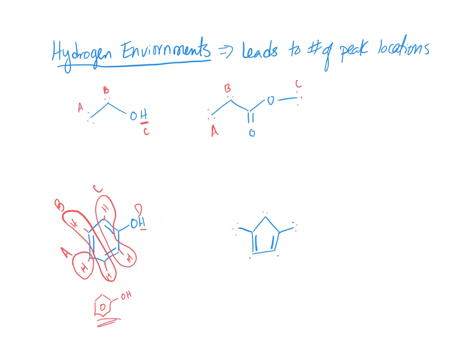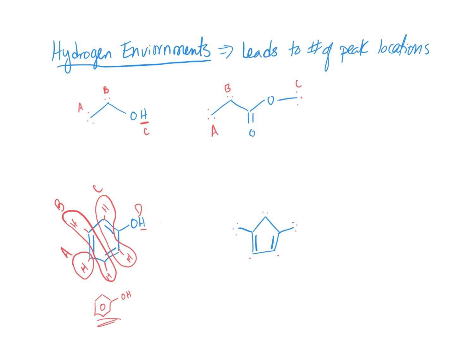Well, interestingly, we have some symmetry in this molecule. If you look straight down the middle, that is a mirror plane, which means that we actually have similar types of environments.